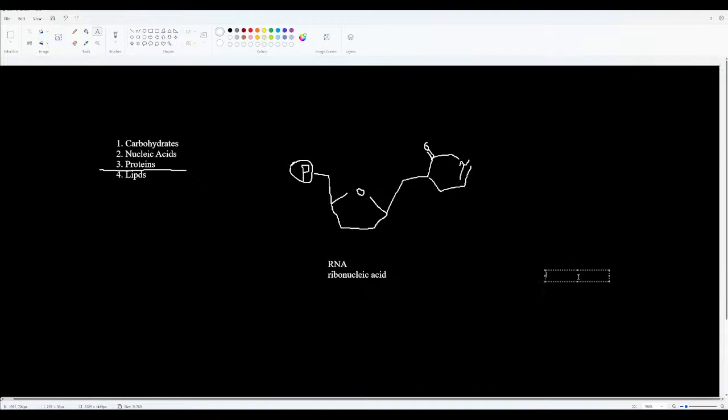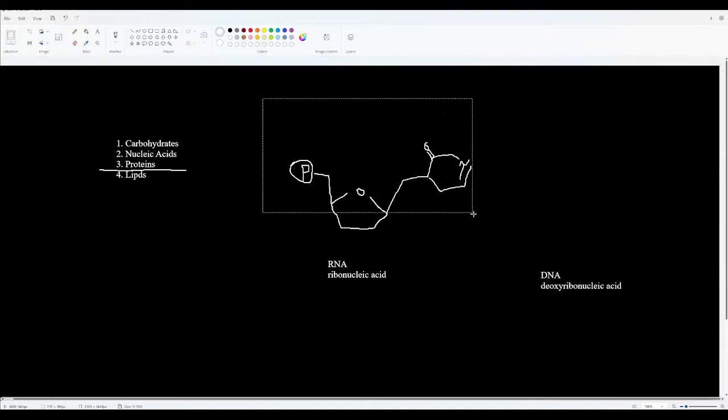DNA stands for deoxyribonucleic acid. See the difference? Ribonucleic acid, deoxyribonucleic acid.